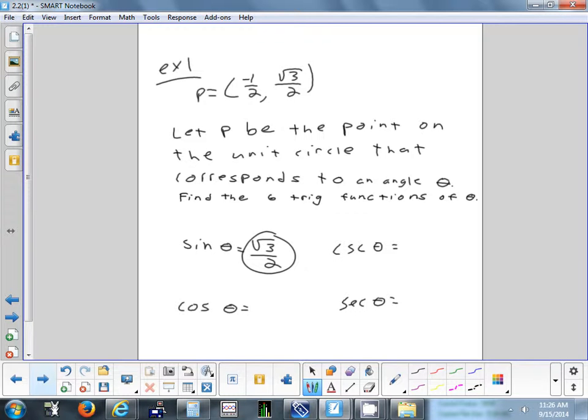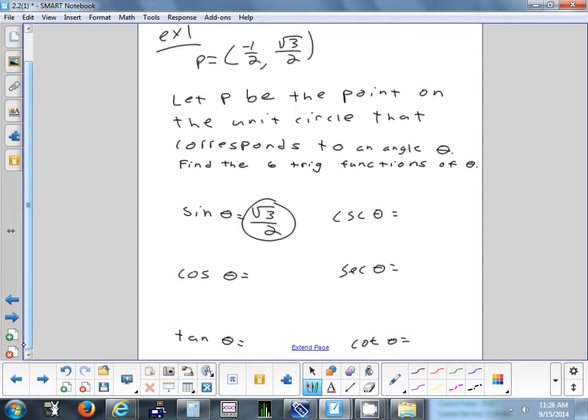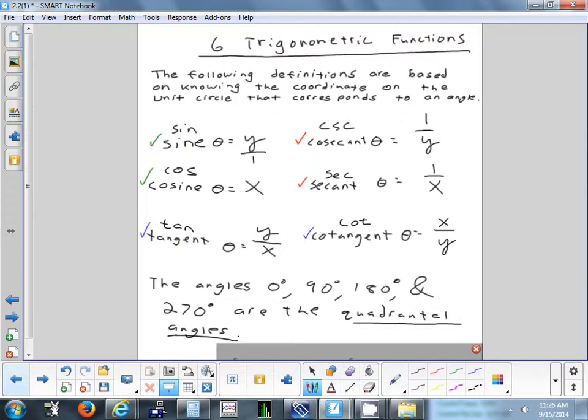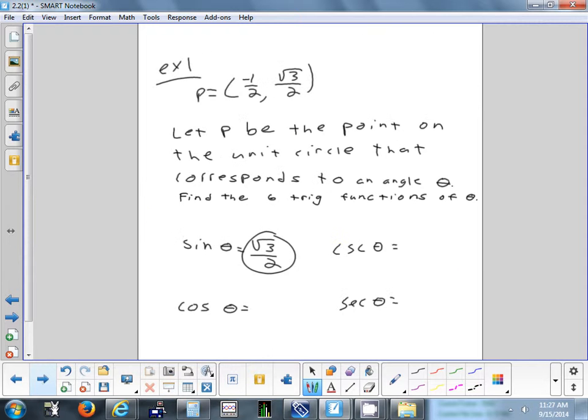How about Yadira, what's the definition for cosine? X. Okay, cosine equals x. What's my x value in that problem?